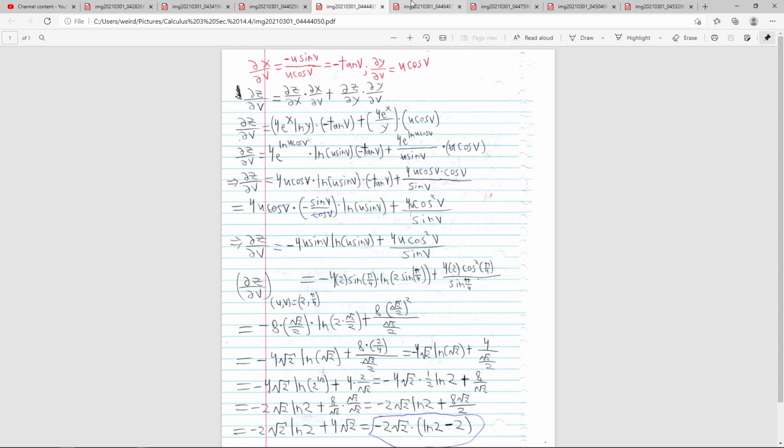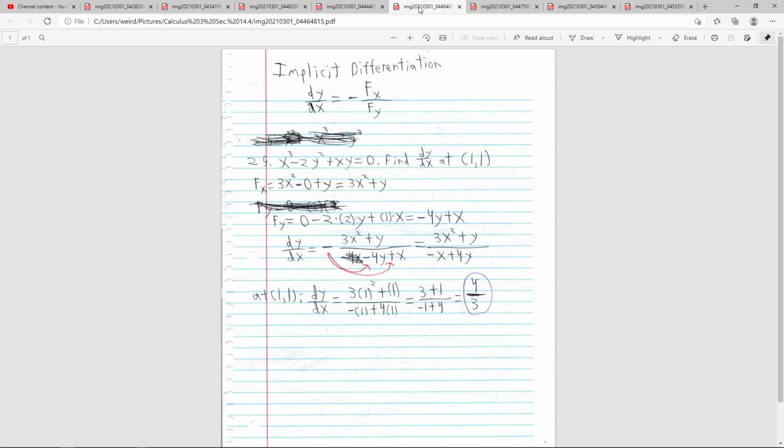But okay, implicit differentiation. dy/dx equals negative fx over fy is the simplest form of it. Here's an example. You want to evaluate at a certain point. x cubed minus 2y squared plus xy equals 0.